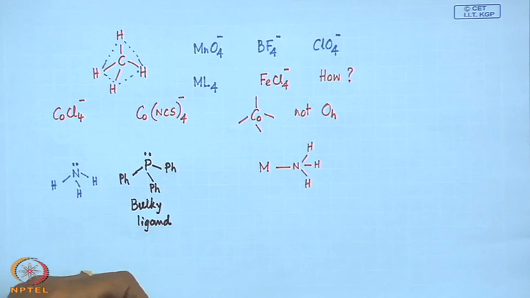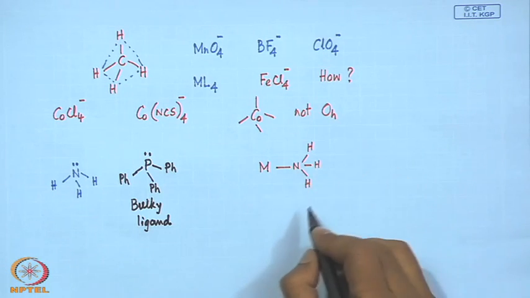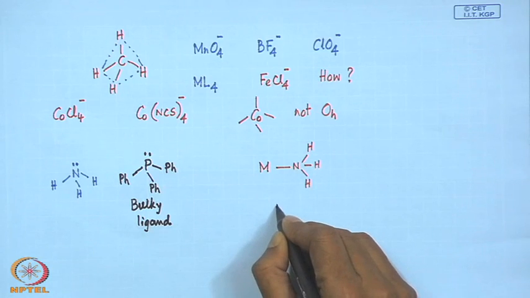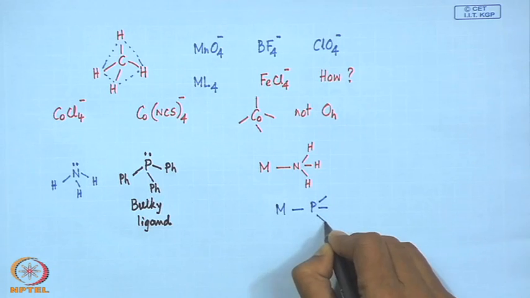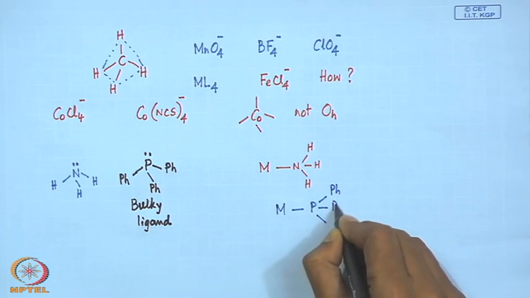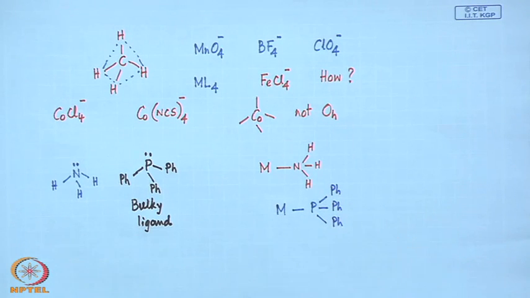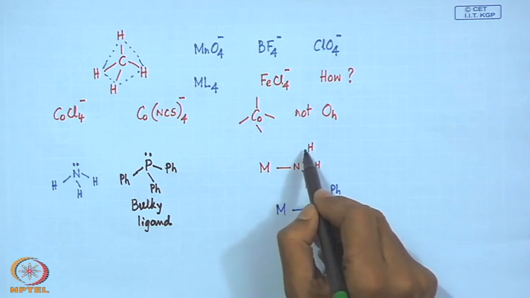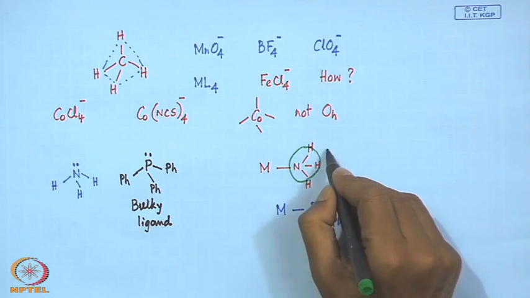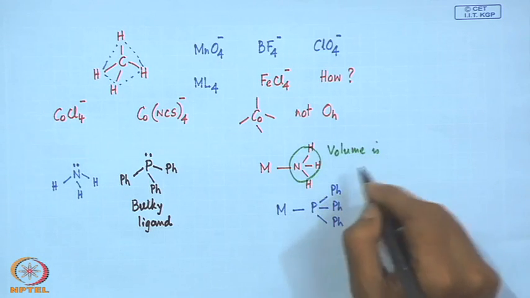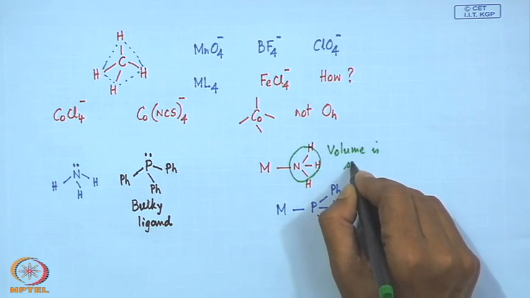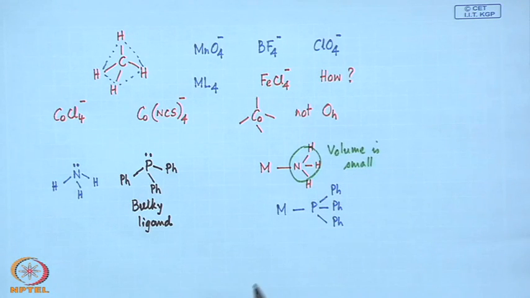that means the corresponding metal amine complex and the corresponding metal phosphine complex. So, the volume of this ammonia molecule is small.